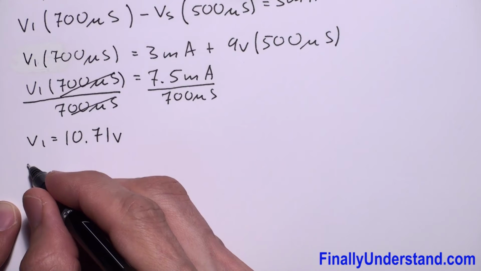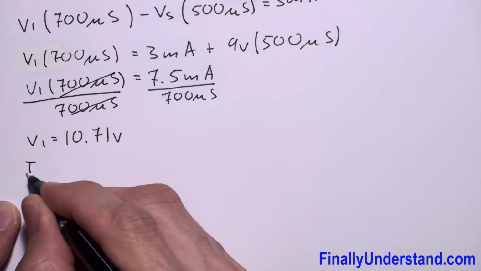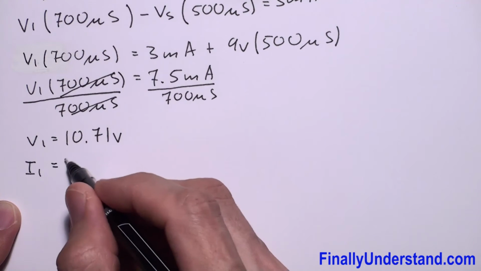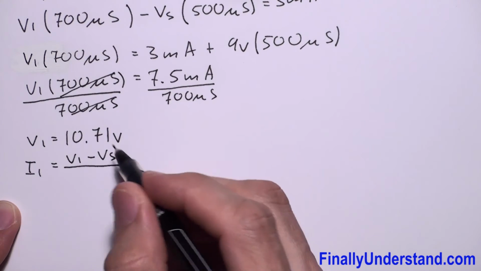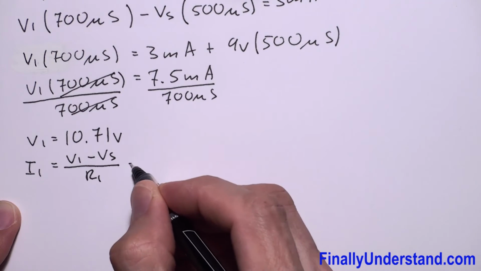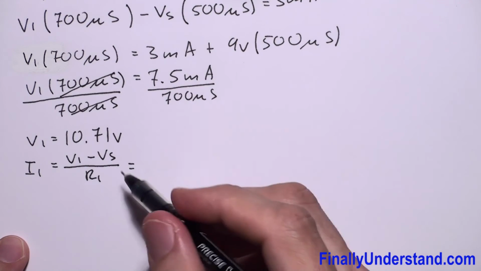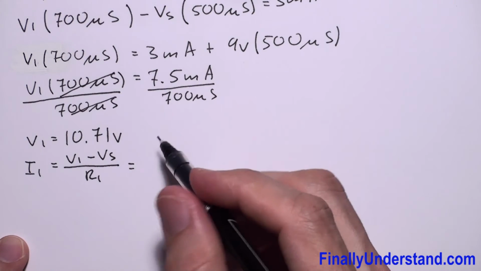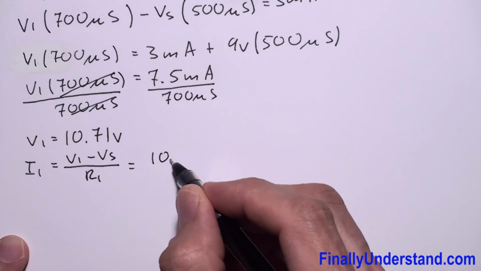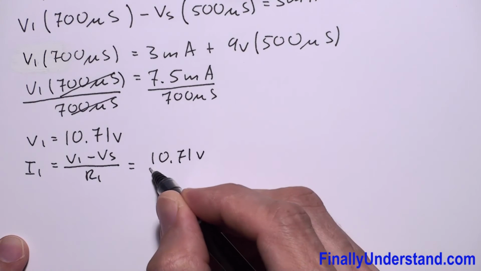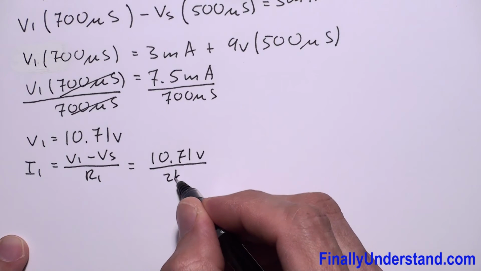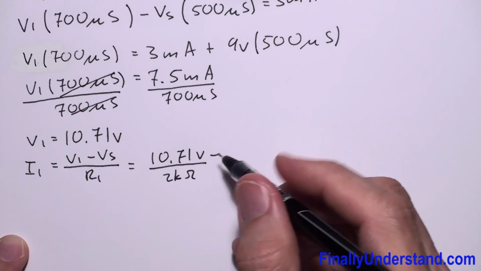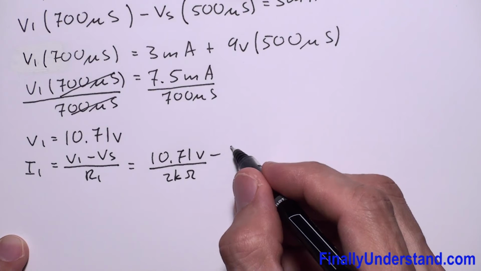So I have I1 equal to V1 minus Vs over R1. Remember, always write the formula first. So V1 is equal to 10.71 volts over R1, which is equal to 2 kilo ohms, of course minus the voltage source, minus 9 volts.